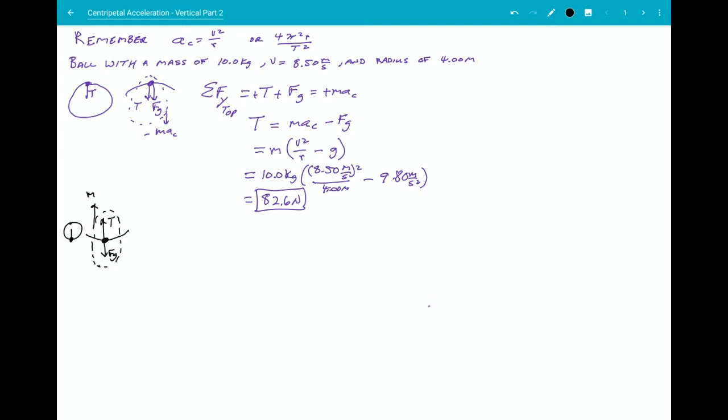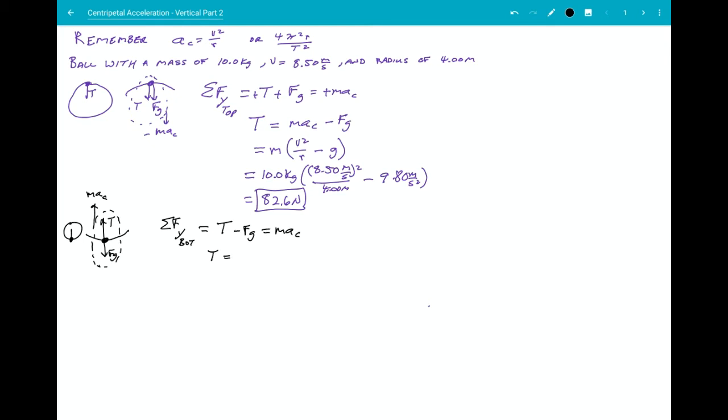Therefore, the centripetal acceleration is positive and towards the center. So I'm going to write this equation. This time it's going to be F y bottom for bottom. Our tension minus the force of gravity equals centripetal force.